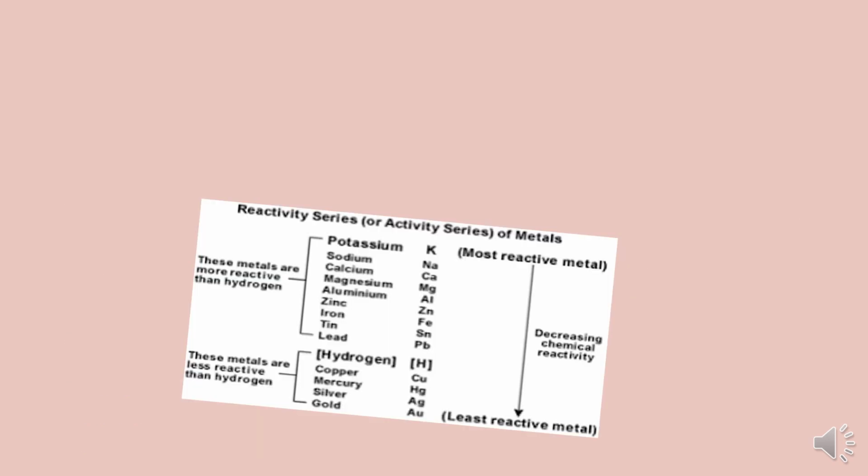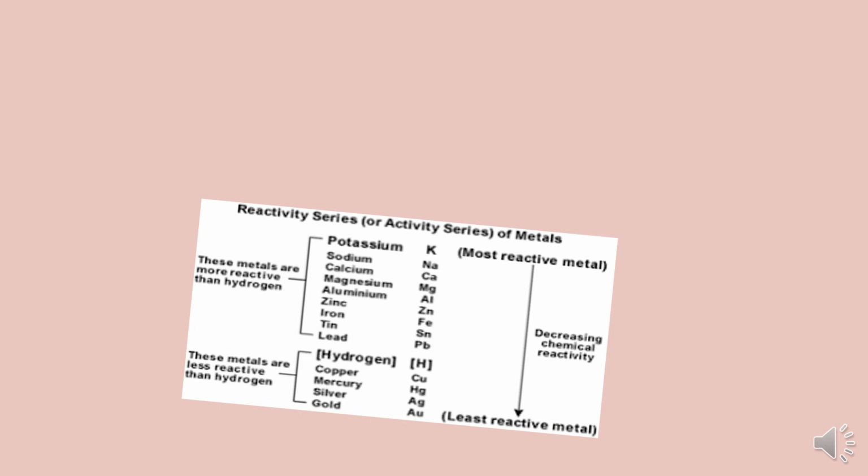Now I want to ask you a question, but first I want to review with you the reactivity series, or activity series, of metals. Do you remember that some metals are more reactive than others?